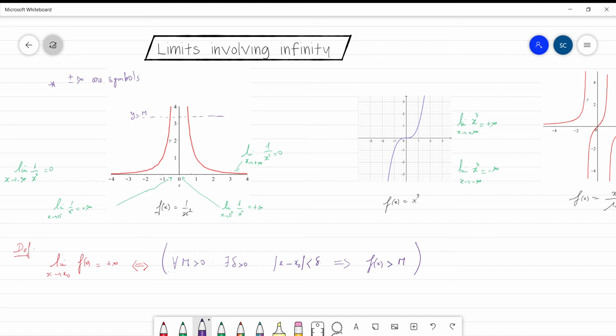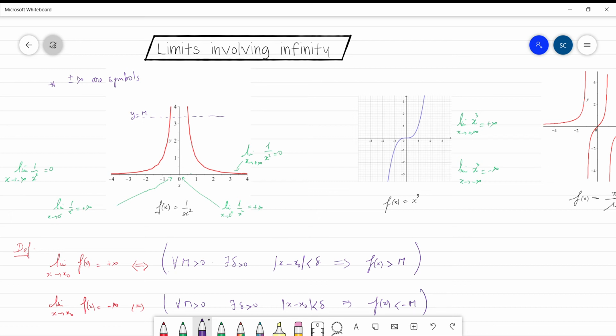Similarly, we can say the limit as x approaches x0 of f(x) equals minus infinity if, for any positive m, there exists a positive delta such that, this time, I want my f(x) going to minus infinity, so negative values. So I need f(x) to remain less than minus m, since I chose m positive.